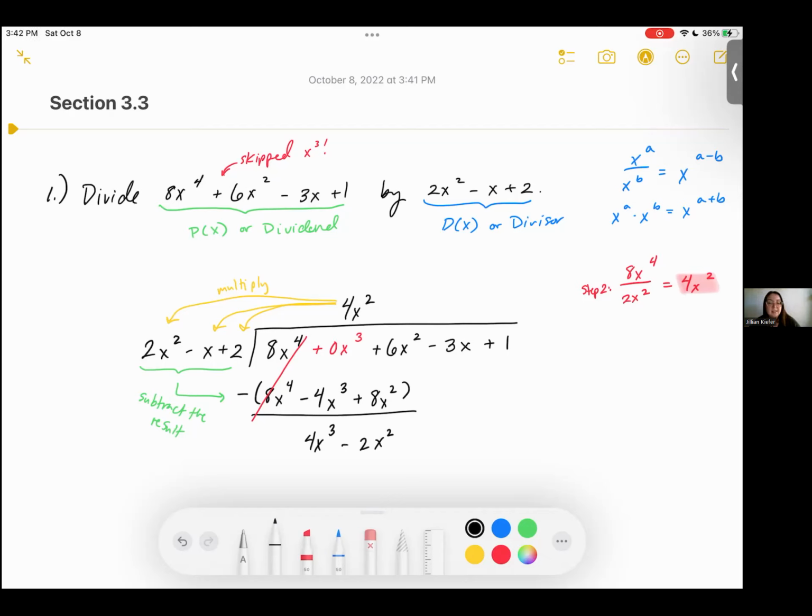We subtracted, we canceled out the first terms, we got these results, and now we're going to bring down the next term. The next term being negative 3x. So you bring down the next term. This term right here is the new dividend.